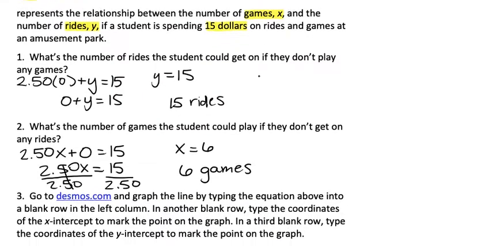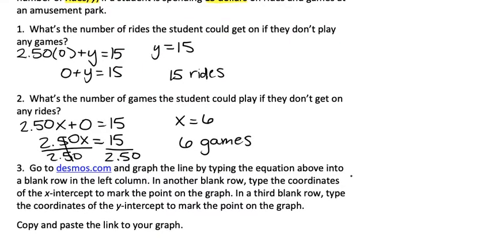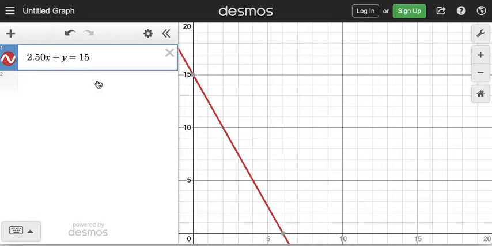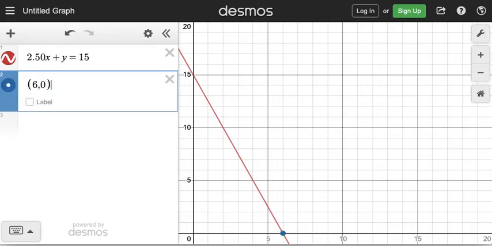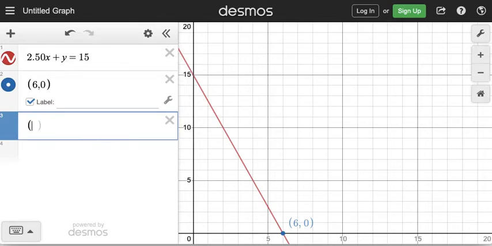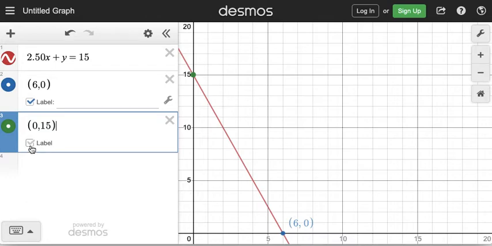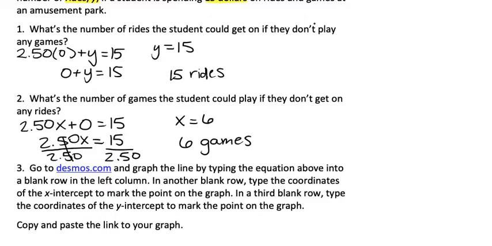So the next part of the question says to type the coordinates of the x-intercept and the y-intercept to mark the points on the graph. So the coordinates of my x-intercept are 6, 0. And the coordinates of my y-intercept are 0, 15. And those points correspond with the answers that I found to questions 1 and 2.